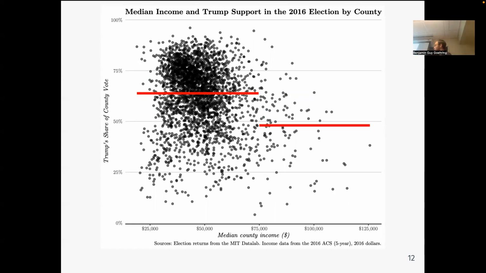Here I have binned the data into two bins: all the counties with a median income of less than $75,000 and all the counties with a median income above $75,000. And this red line represents Trump's average share of a county's vote within each of these bins.